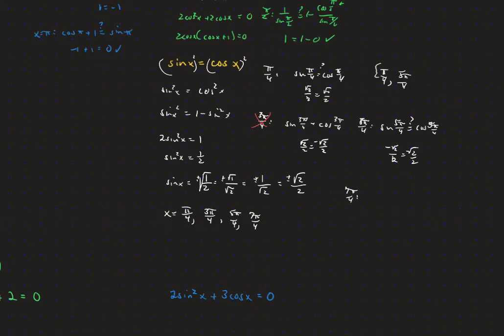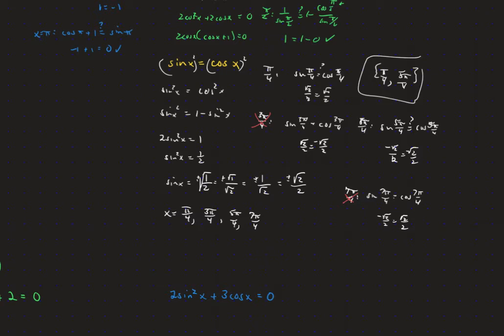And 7 pi over 4, we're going to have a problem once again, because this time in quadrant 4, the sine is going to be negative and the cosine is going to be positive, and that's going to make that extraneous. So our final solution set includes just pi over 4 and 5 pi over 4.